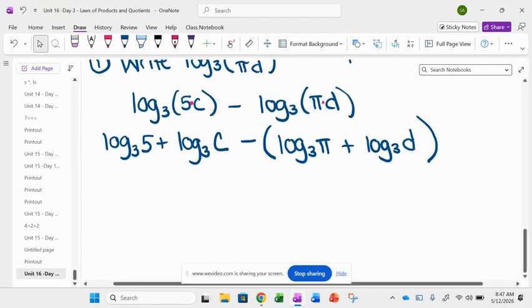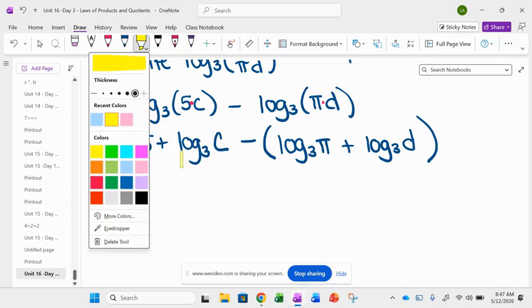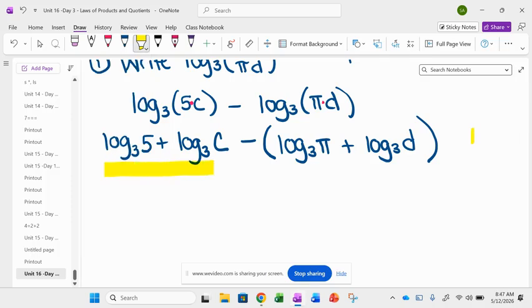And then what do you think I'm going to tell you to do with that minus? Distribute it in. In all fairness, though, if this was a test question and you were to leave it like this, I would give you full credit. You showed me you knew what you were doing. If you took it a step further, great.